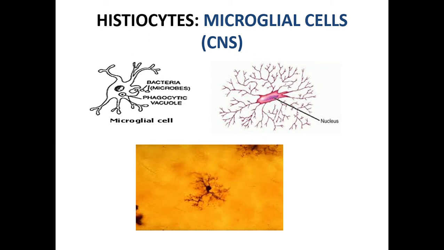We have the microglial cells in the nervous tissue. It could be found both in the brain and spinal cord throughout the central nervous system.